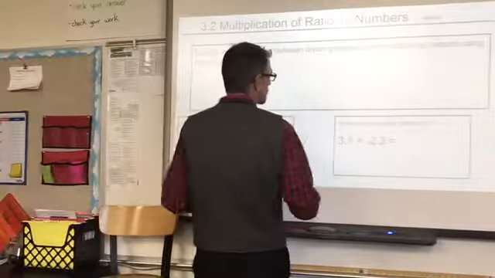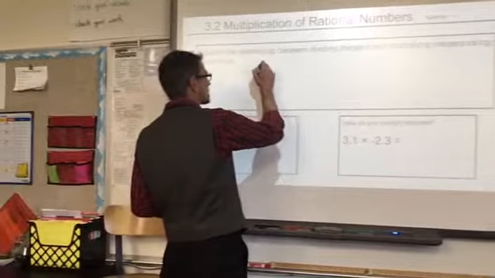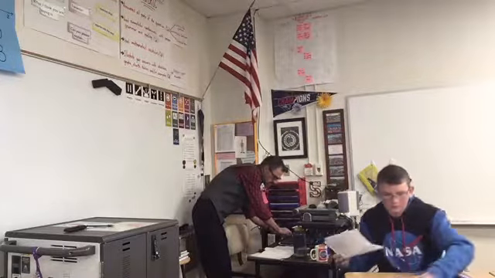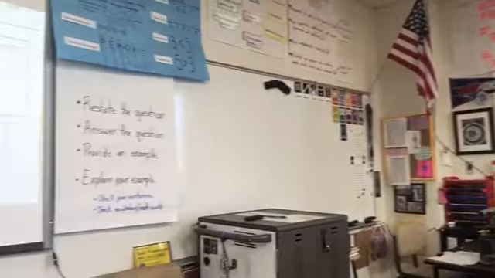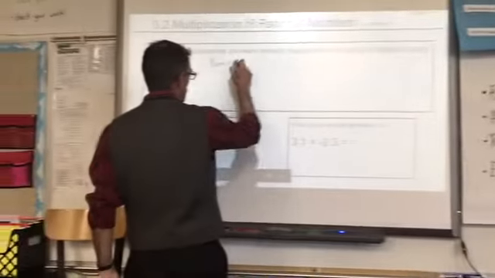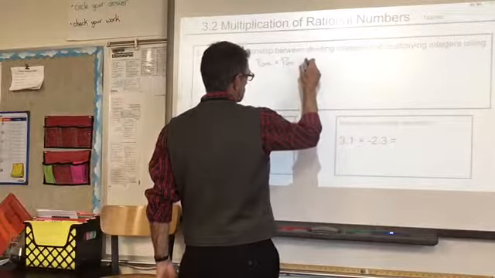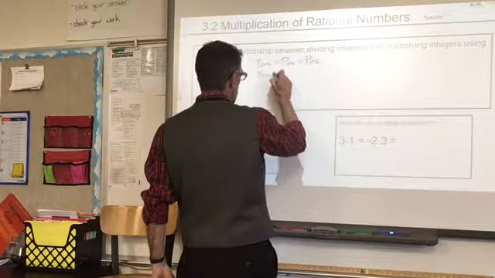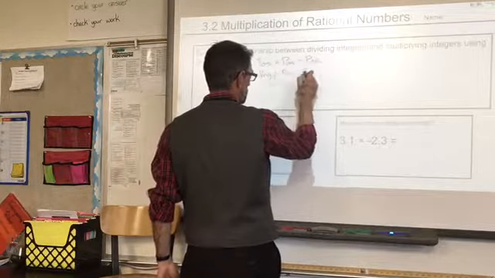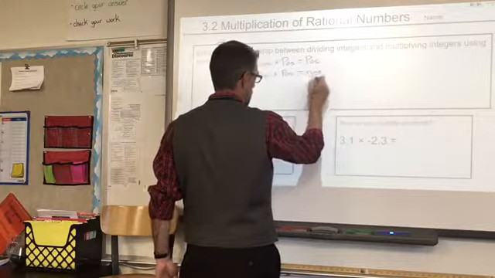We've already described the relationship. I already asked you. So we know that if we have a positive, make sure you guys take your notes. If we have a positive, we multiply by a positive, it equals a positive. If we have a negative multiplied by a positive, it equals a negative.